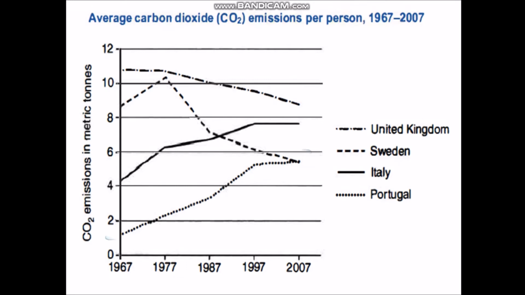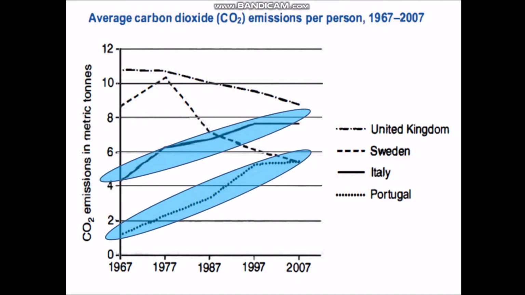Here, Portugal and Italy, CO2 emissions are both rising steadily, which is a similarity. And we can observe that from 1977 to 1987, UK CO2 emissions fell gradually or steadily, meaning slowly, while that of Sweden fell steeply or rapidly.